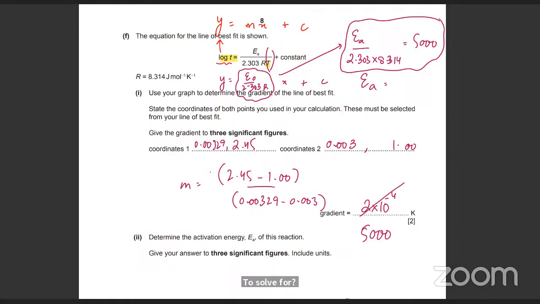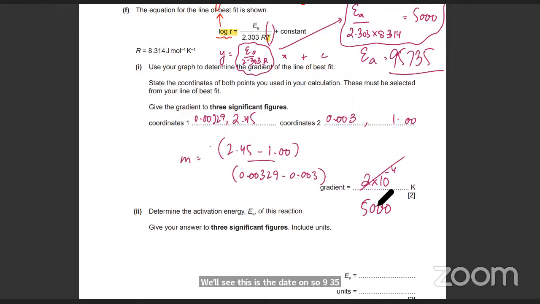So 95735. That's 95735. I don't know if this is the right answer, hopefully this is the right answer, 95735.